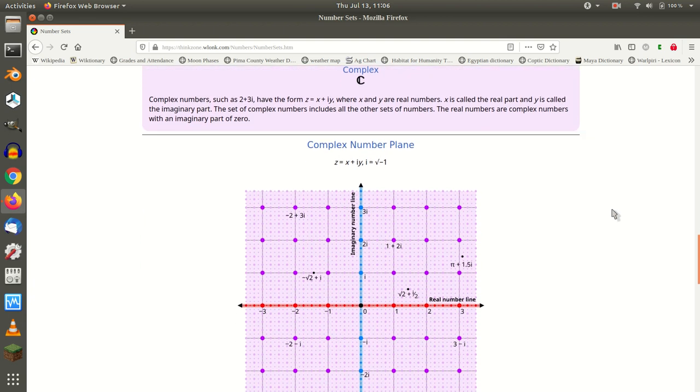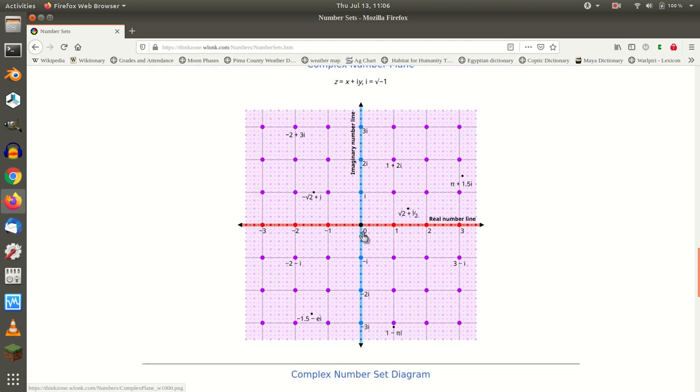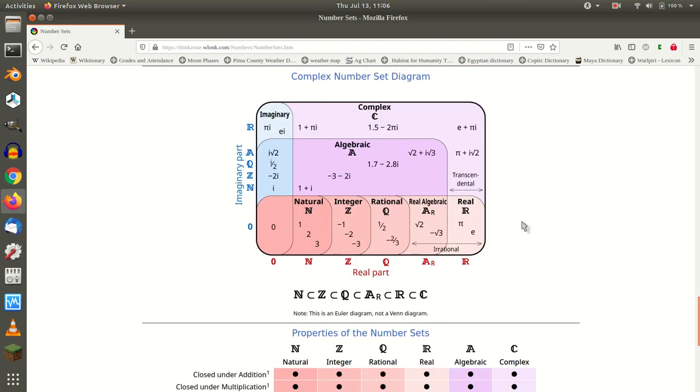Okay? Now we have the complex number plane. It looks like 0 is a complex number. It's part of this axis here. And 0 is a real number. Okay? Now down here, we get a diagram where 0 is imaginary, 0 is real, but now 0 is not a natural number. Okay? So they've contradicted themselves there.